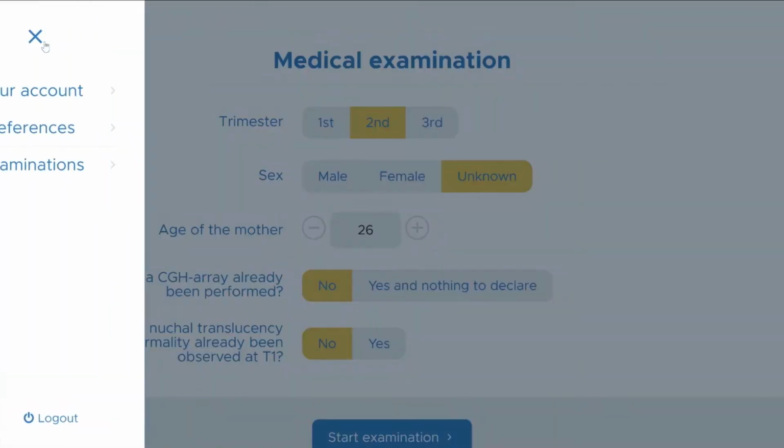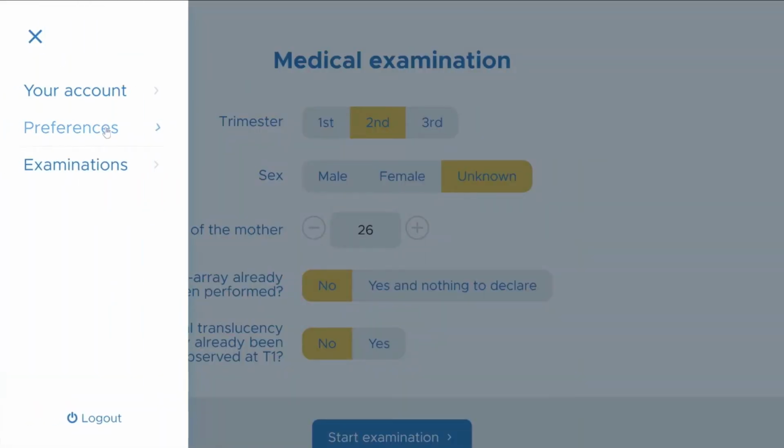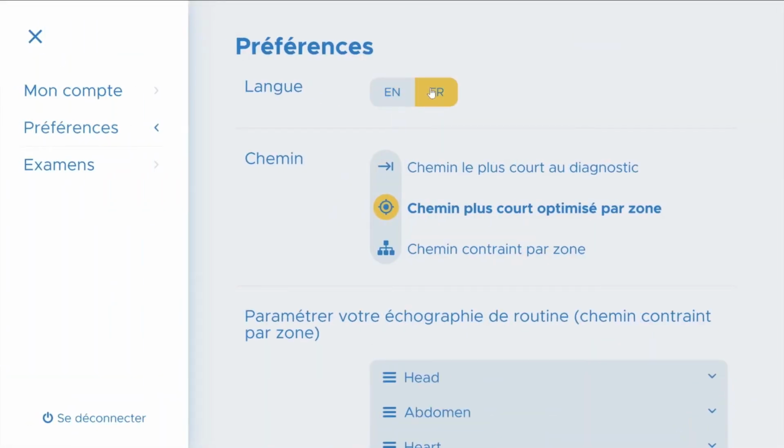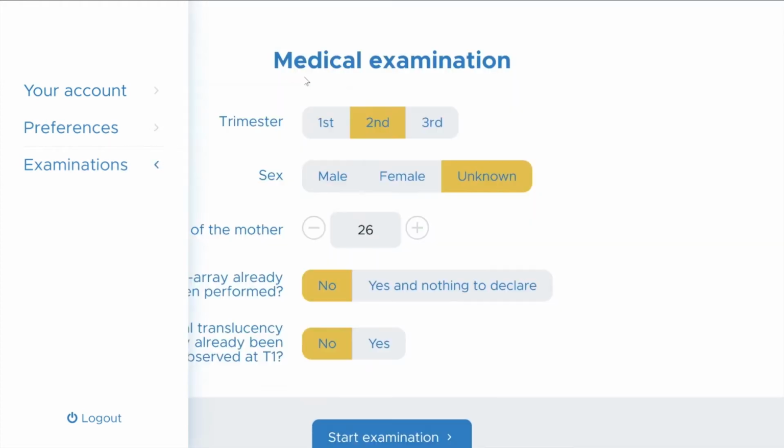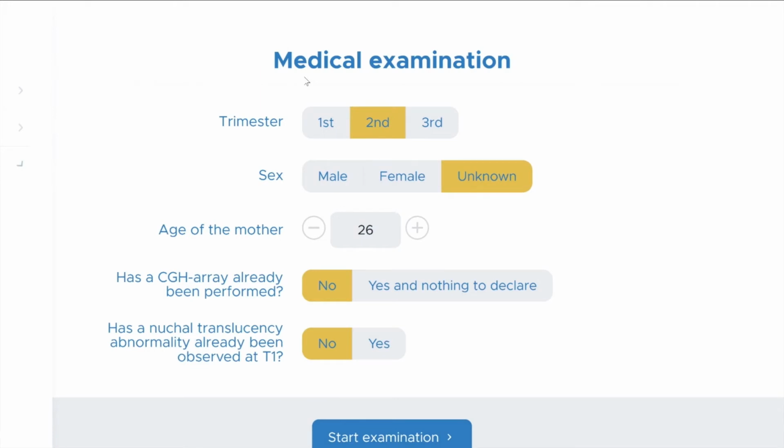We set the software to English and set the mode to optimized by zone, which lets Sonio override our predefined sequence of anatomical regions. Now consider a mid-trimester ultrasound examination in a female fetus referred for a coarctation of the aorta.